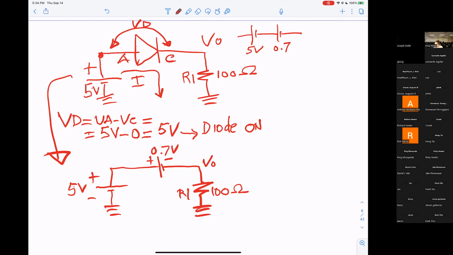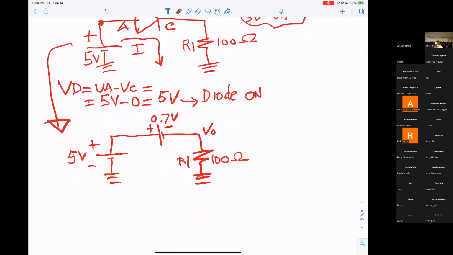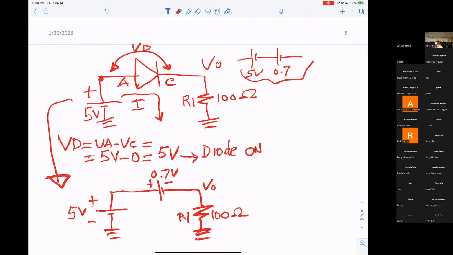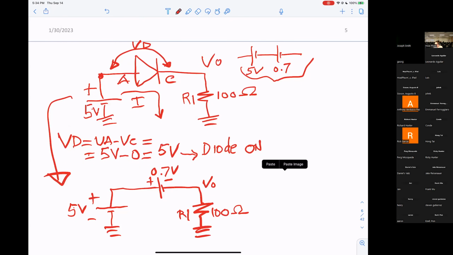So the voltage will be equal... how many volts here? 5.7. You add them up. Perfect.